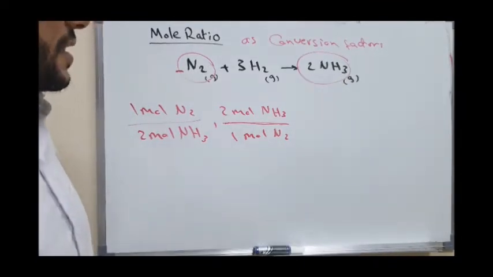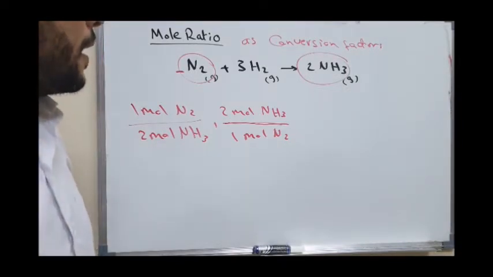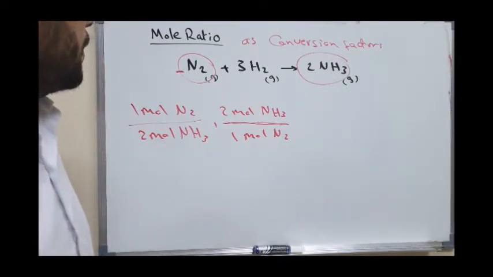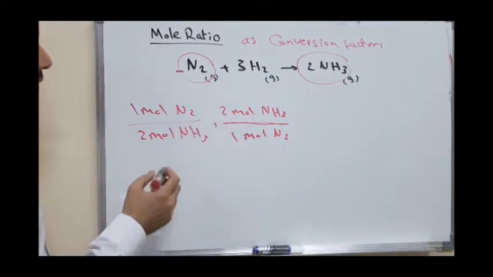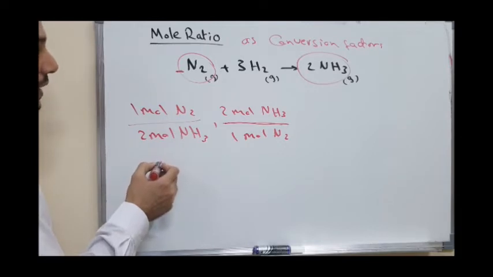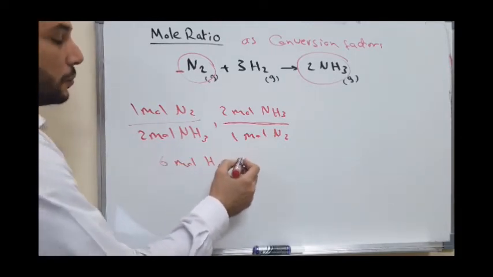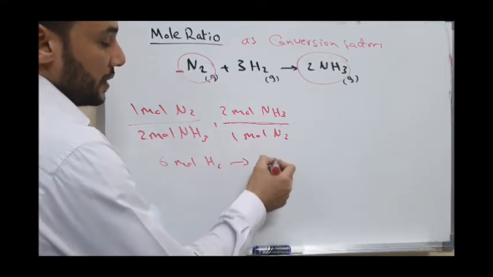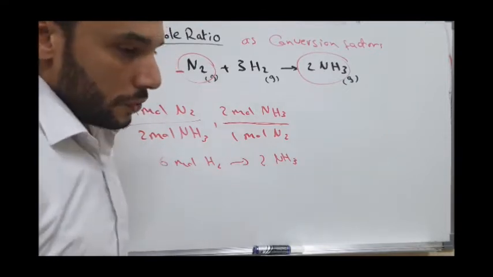So the questions in this case may come in a way like, for example, if we have 6 moles of hydrogen, calculate how many moles of ammonia NH3 formed.